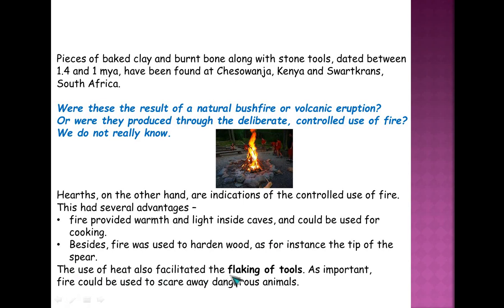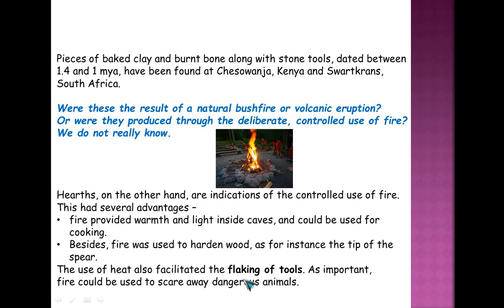And the use of heat also facilitated the flaking of tools, which is important. What is the meaning of flaking? Flaking is to flatten the tools. Initially they used stones, or you can say round pebbles and such things, when they did not know how to use tools. But after that, the early man understood. I told you about the precision grip and the power grip.